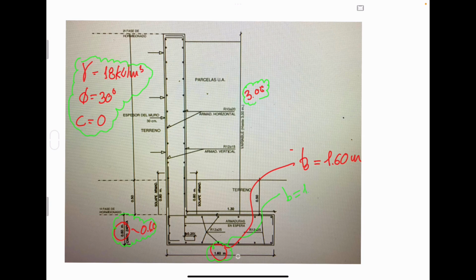It's 1.6. I will repeat it here, for my previous explanation in Spanish. Take into account that there is also an overboarding earth or soil over the foundation, and the figure is 0.5 with the same density of the retained earth soil.